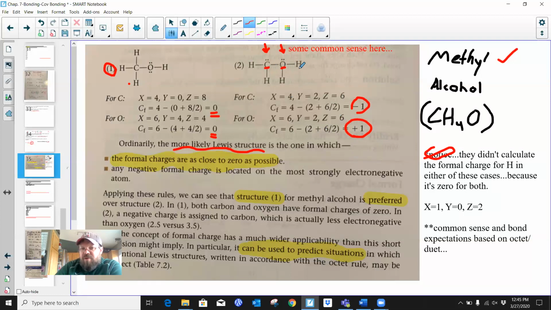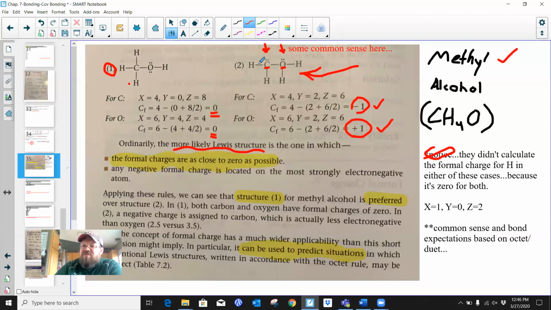All the hydrogens are zeros, right? They're good to go. But again, there's some common sense here, and this is why we're seeing these numbers off. They're non-zero values because this proposal that we're using as this example has situations where it's going against what carbon has a tendency to do. It's going against what oxygen has a tendency to do.